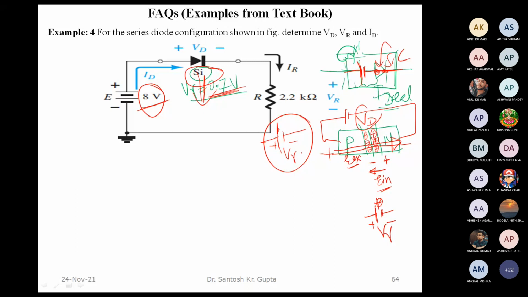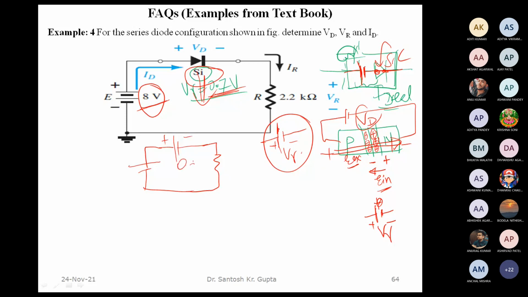So once this is forward biased, we can replace this diode with this voltage source, which opposes the external voltage source, and we then have the external battery and the resistance. The diode is removed from the circuit because in forward bias it acts like a short circuit along with this potential barrier.